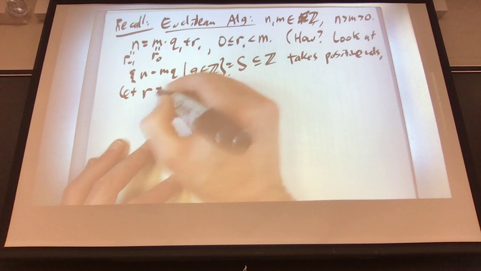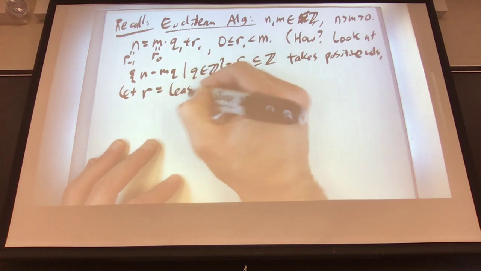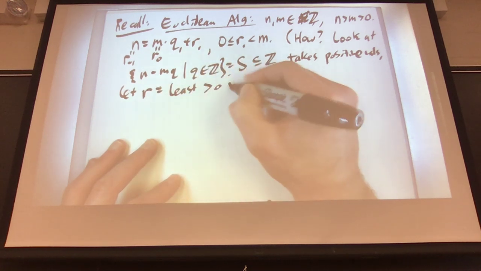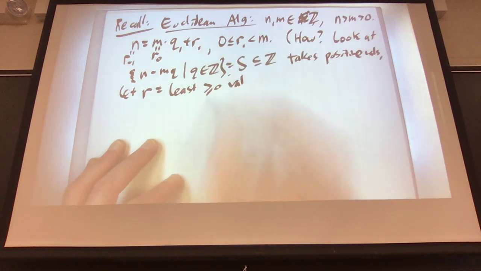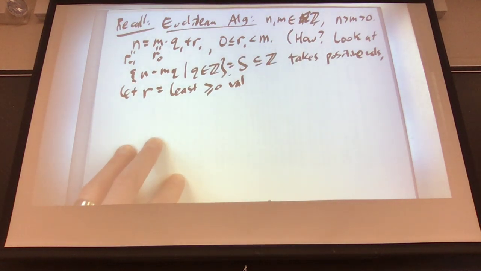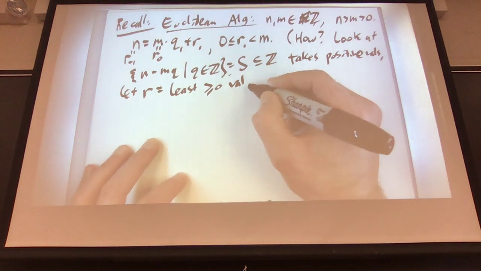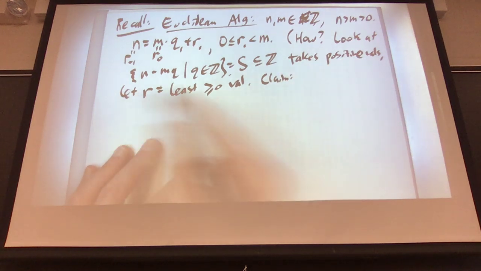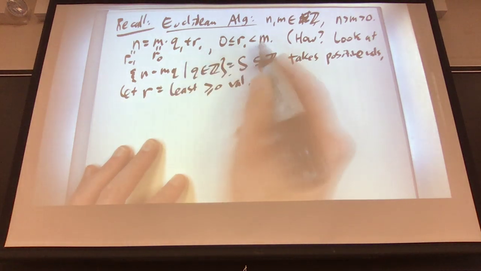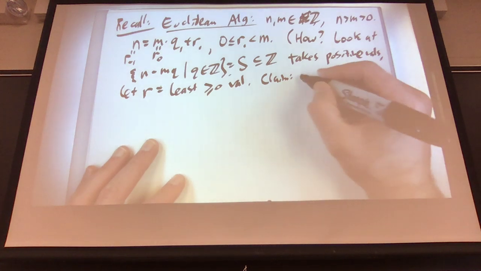If we let r be the least strictly positive value, not strictly positive, because it might be 0, the least non-negative value, the only thing that we have to prove is that r is strictly less than m.